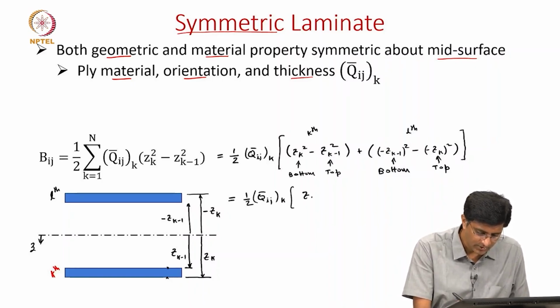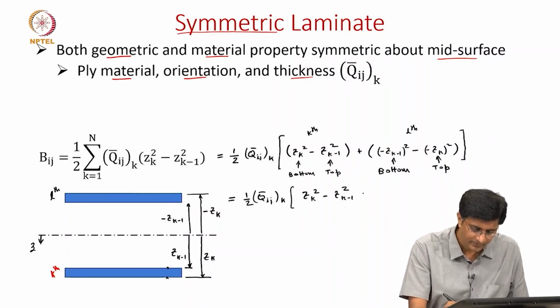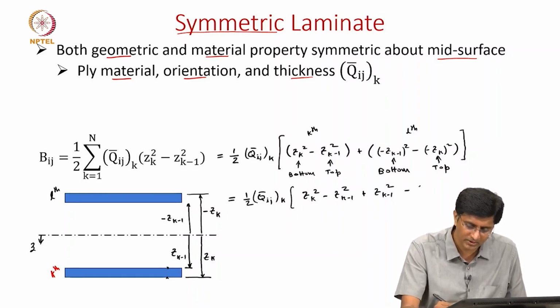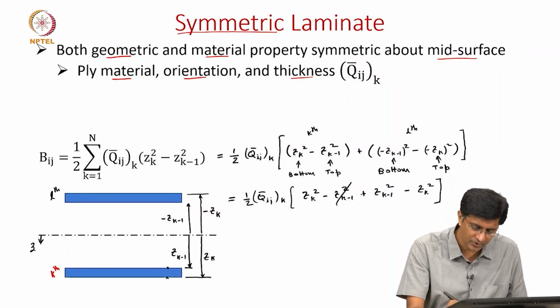So once we expand this, it will be Zk square minus Zk minus 1 square plus, since there is a square for this negative sign, it will be positive Zk minus 1 square. This negative will write it here, and minus Zk square will be Zk square. Okay. So now we can see that these two terms cancel out first and then these two also cancel out.